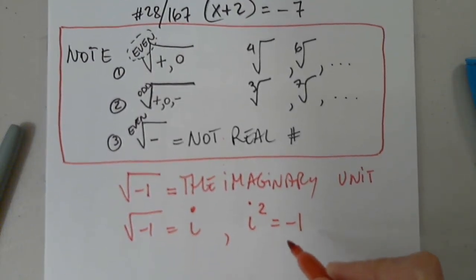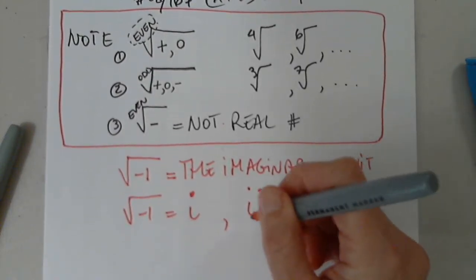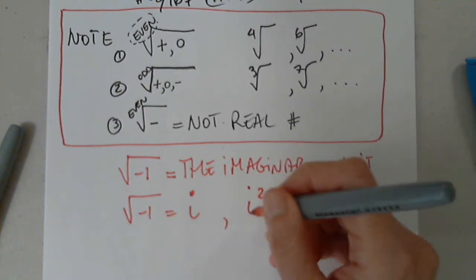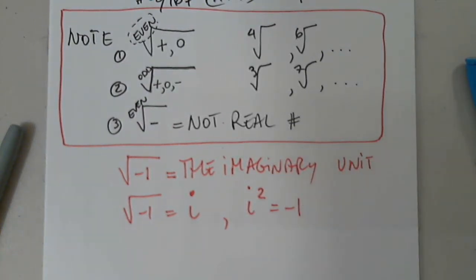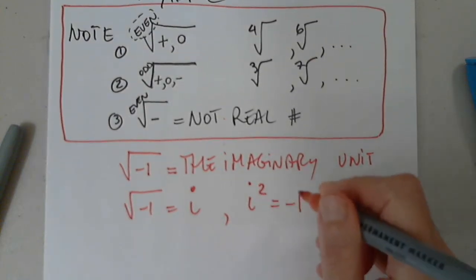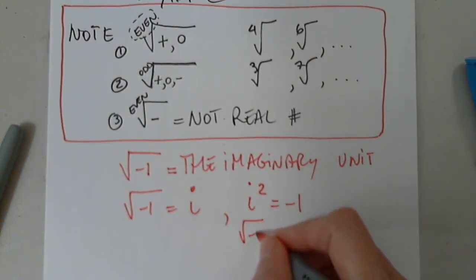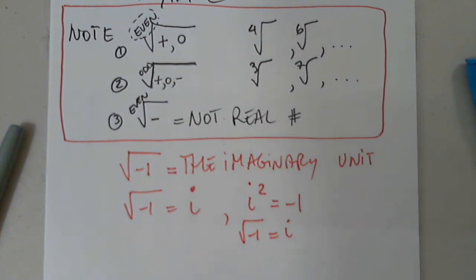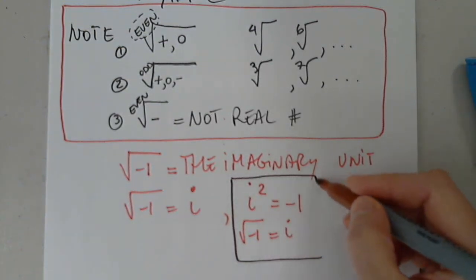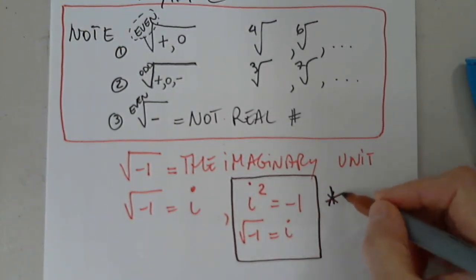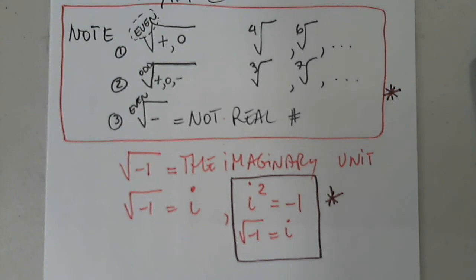This cannot happen with a real number. Any real number you square, you can never get -1. So two things we need to remember: i squared is -1 and the square root of -1 is i. This comes from complex or imaginary numbers. Please remember this.